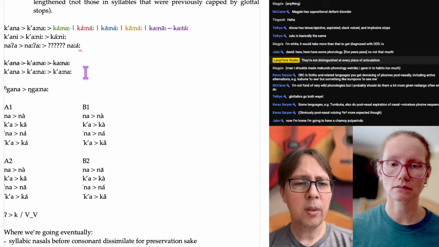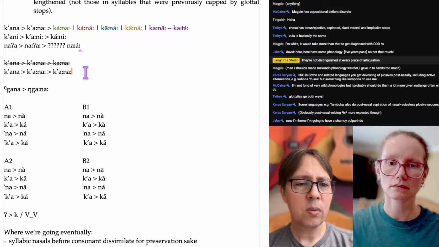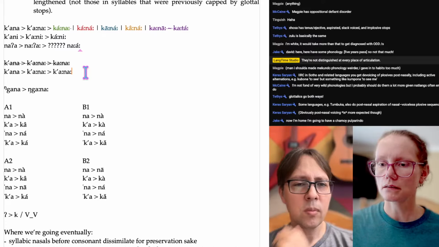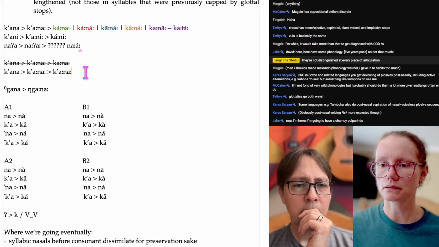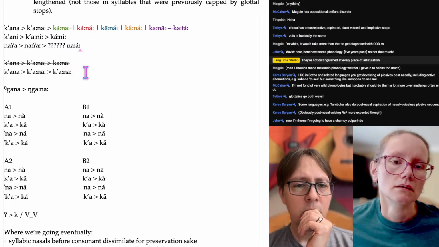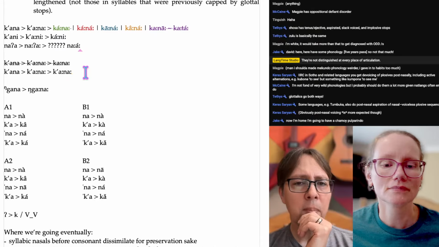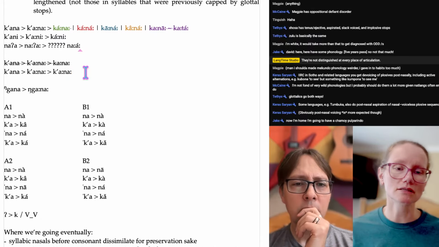What do you like amongst the A1 or the A and B options? I don't know. I need to sit with it. There's nothing that's jumping out.